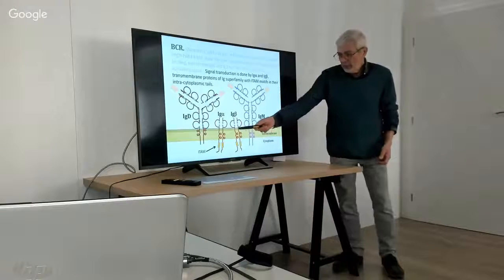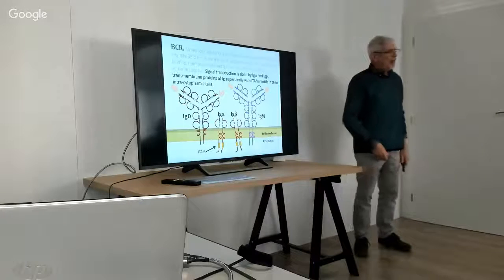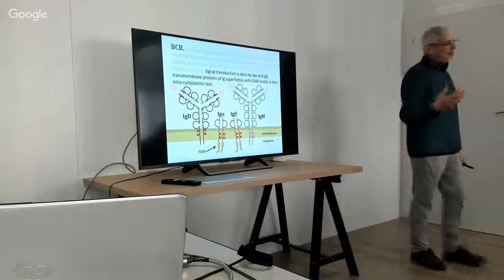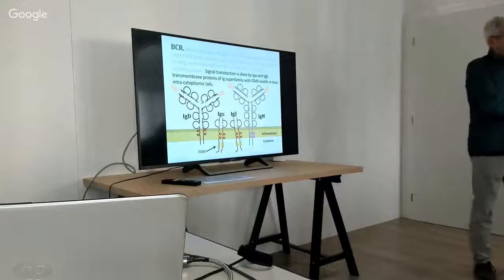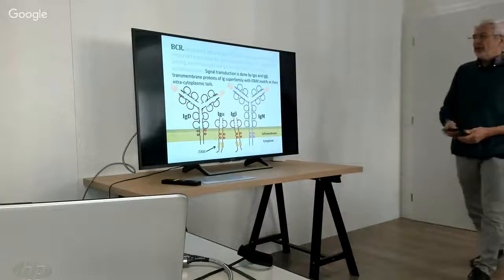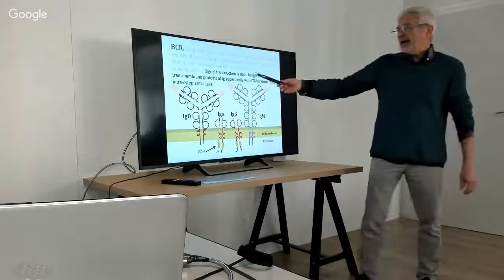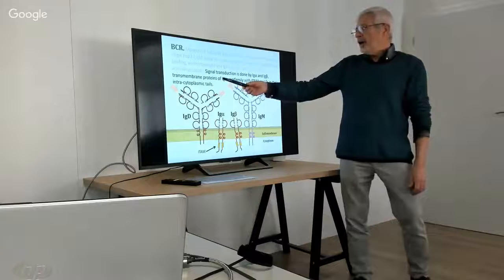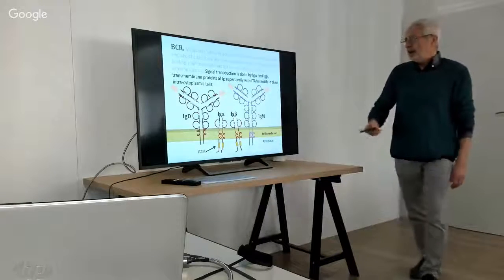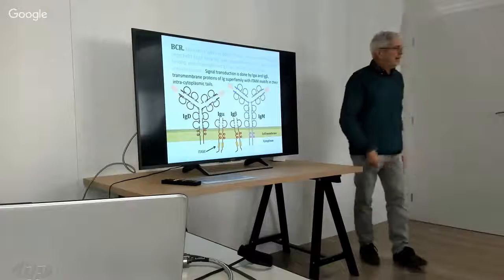They are also members of the immunoglobulin superfamily, with the same basic structure. Signal transduction is done by Ig alpha and Ig beta, transmembrane proteins of the Ig superfamily with ITAM motif in their cytoplasmic tail.